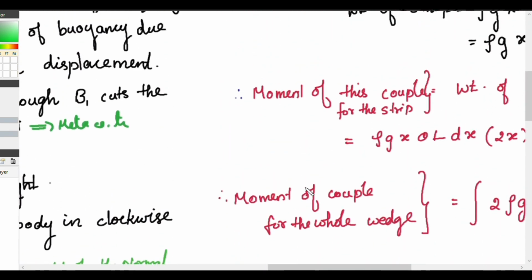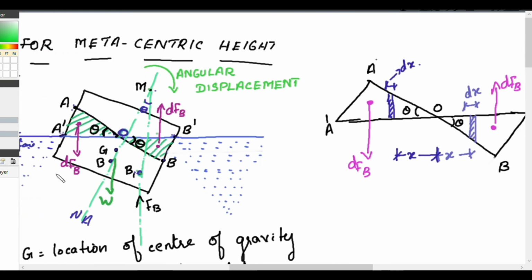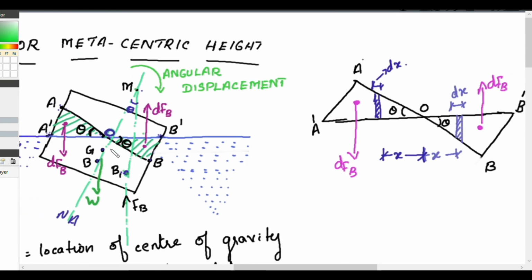Now we are drawing this wedge part once again, otherwise it will be so clumsy to see. For derivation purposes, all the things are explained except this dx.